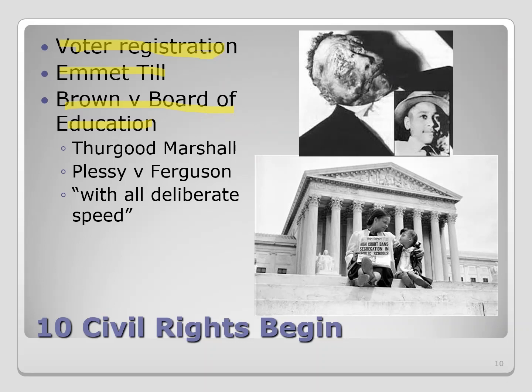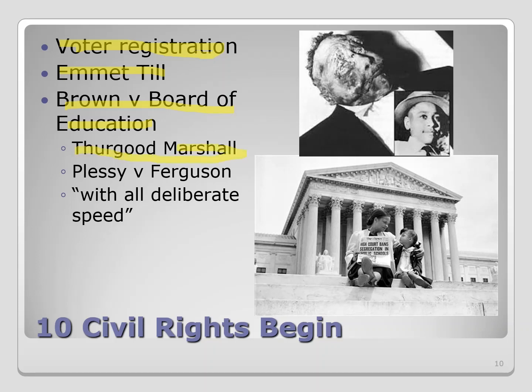In May 1954, the court ruled in Brown v. Board of Education that segregation in public schools was illegal. It was inherently unequal and therefore it was unconstitutional.